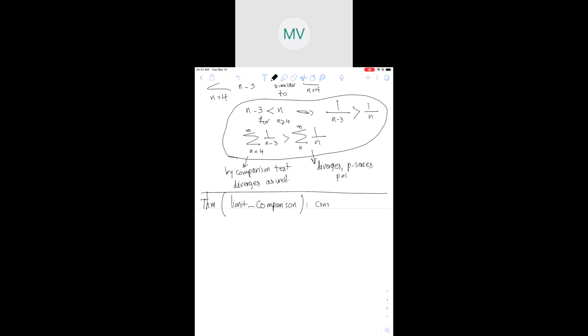So consider, I'm gonna write it in a very minimized statement. Let's consider two series, sigma a sub n and sigma b sub n. And let L be the limit.